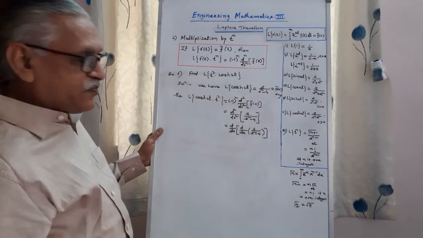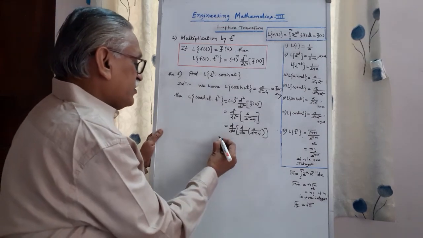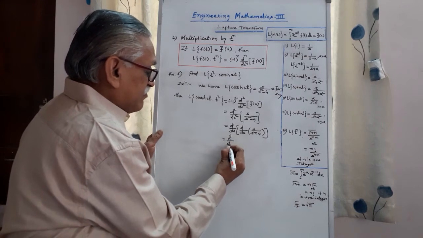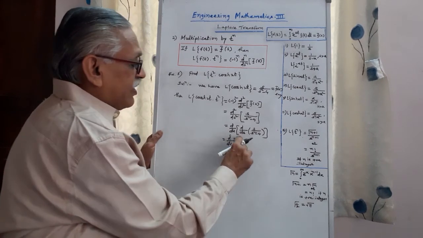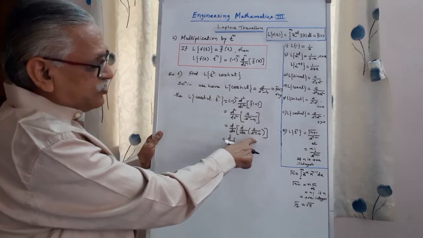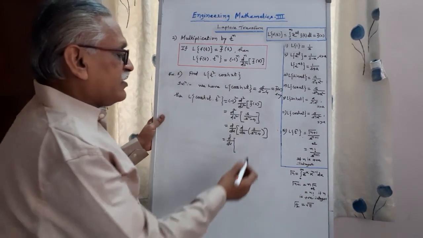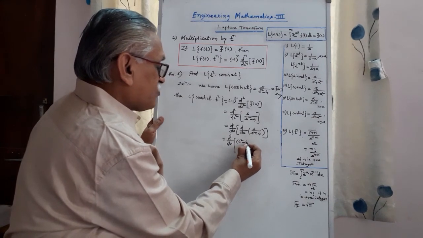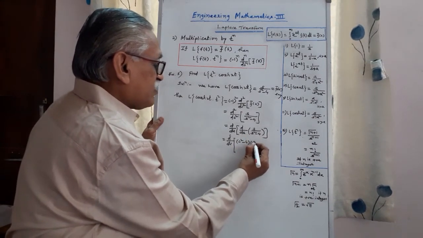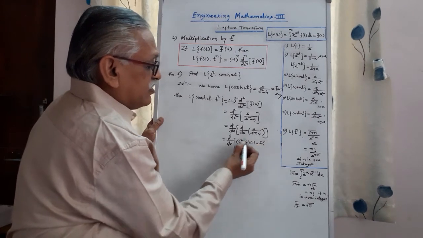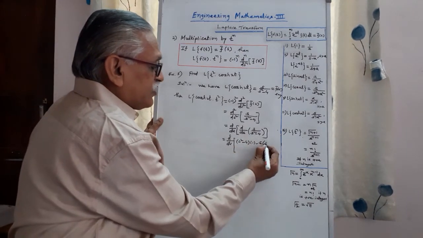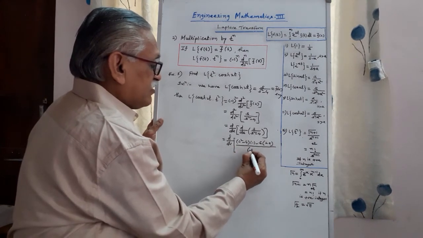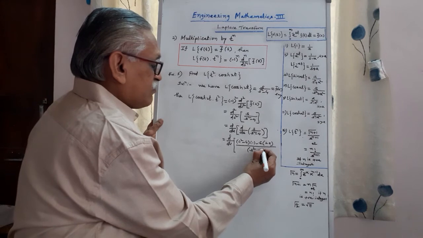Twice we have to differentiate with respect to s, and therefore it is equal to outer d by ds I am keeping as it is. Finding the value by applying quotient rule, s square minus 4, derivative of s is 1, minus s, derivative of s square minus 4 with respect to s is 2s, divided by s square minus 4 bracket square.